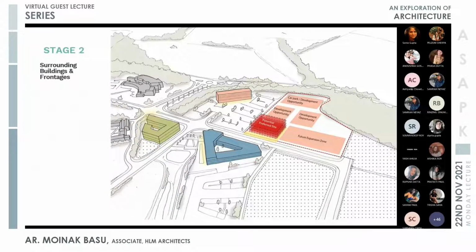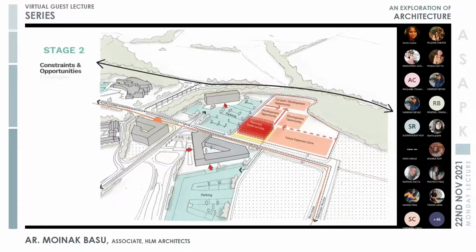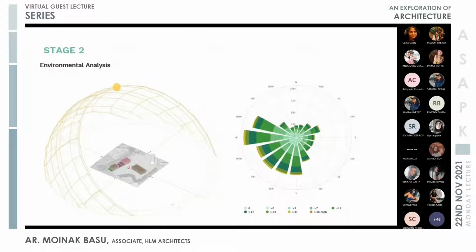We would also at this point start looking at what's around the building, or the building site rather, in terms of building heights, materiality, massing, to make sure that what we're designing doesn't overpower what's already there, but flows with what's on the site. We're also constantly carrying out in the background an environmental analysis of how the actual massing performs.